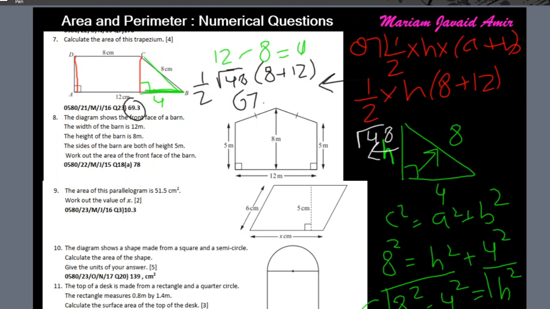So either I've made a mistake somewhere or this answer is wrong. Let me check. Alright, I made a mistake while entering the values in the calculator.